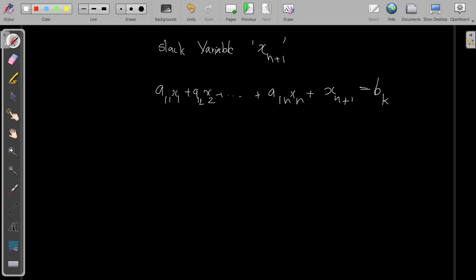And we also have another possibility. Suppose any other constraint, let us say arbitrary, ak1 x1 plus ak2 x2 plus etc plus akn xn appears as greater than or equal to some bk.